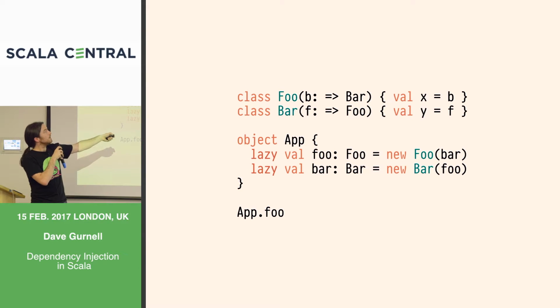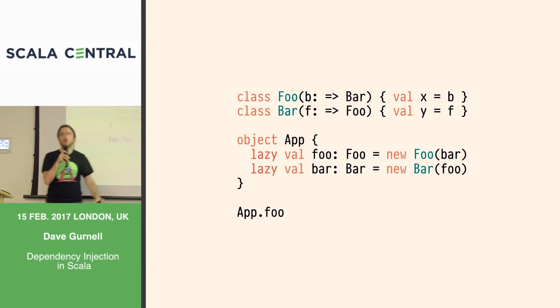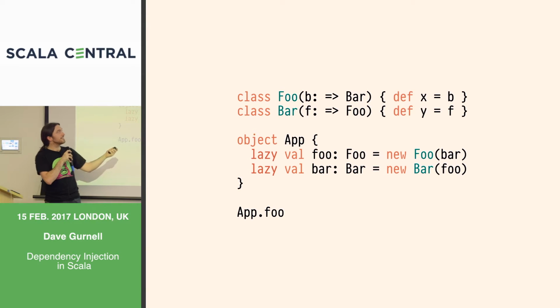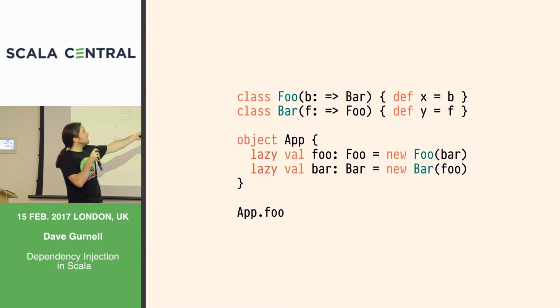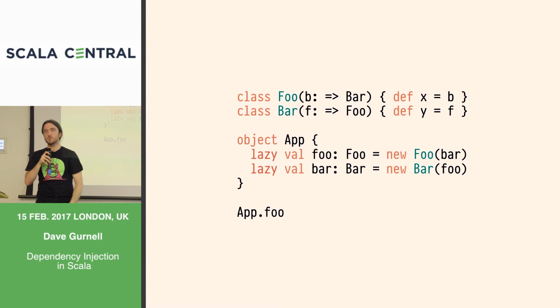But look, oh no, I need to access it here because I need to assign something to x. And these two things here are going to cause the same cyclic loop. So just the way you use these things in the bodies of your modules can cause problems. And so the only way around this is just don't do this. Stick these things in methods, because if you put these things into methods, then B will be forced, evaluated when the method is called, which is after you've created your objects.